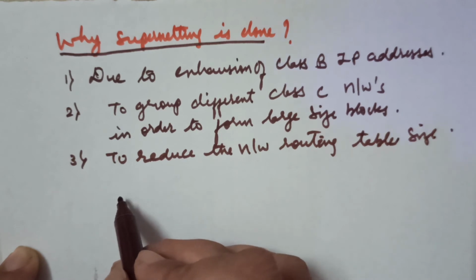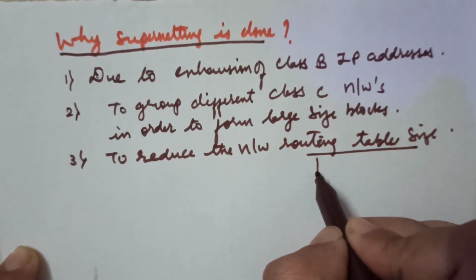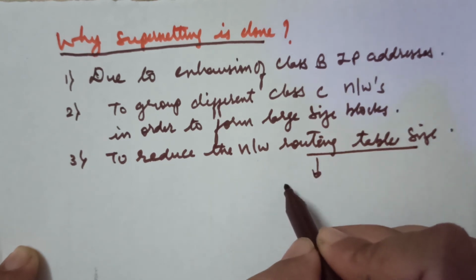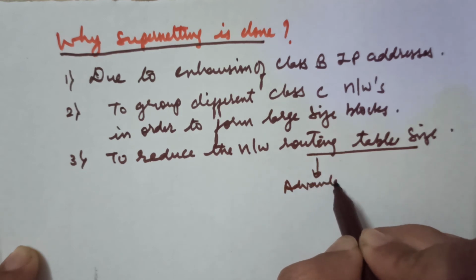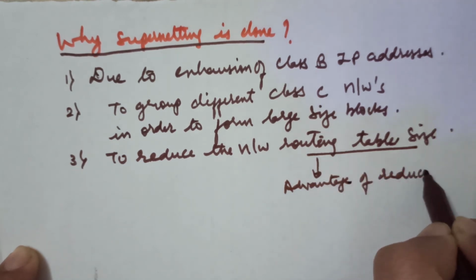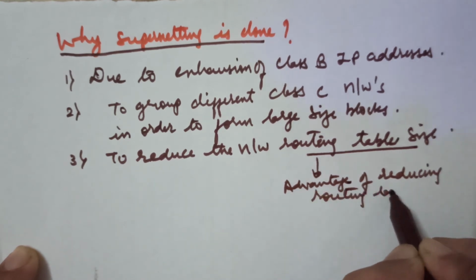Now, what are the advantages of reducing the routing table size? What advantage will this reduction in routing table size give us?